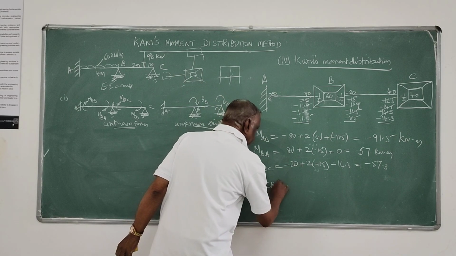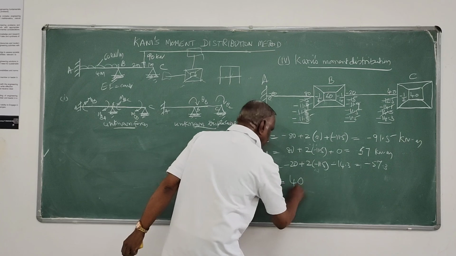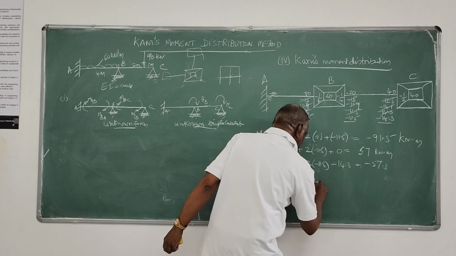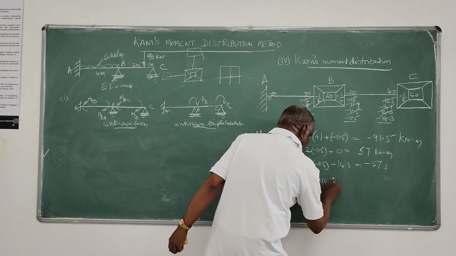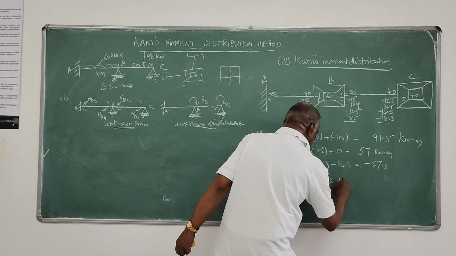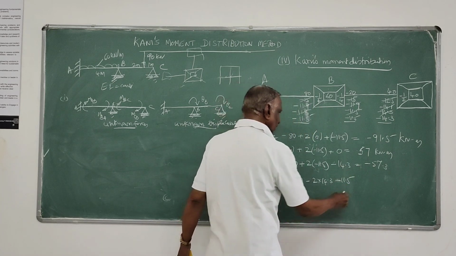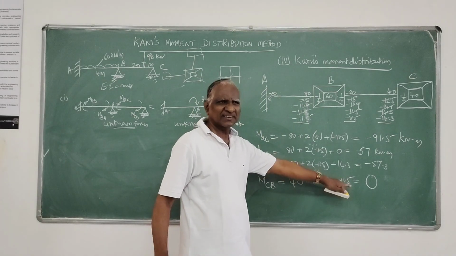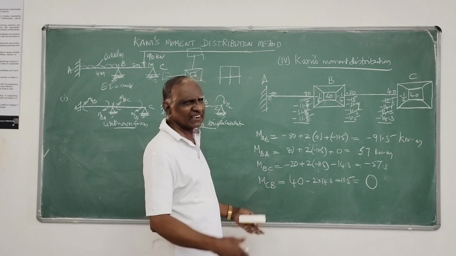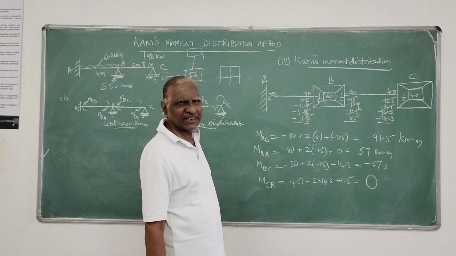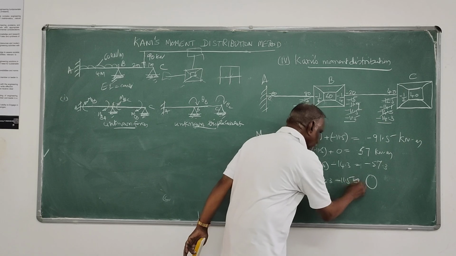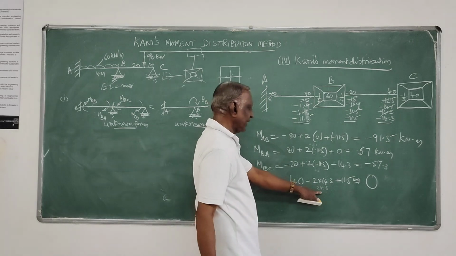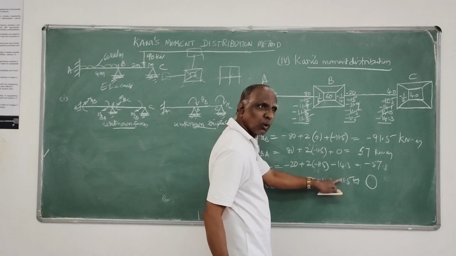Lastly, MCB is fixed end moment 40 at that end, and twice minus 2 into 14.3, then minus 11.5. So just check whether it is 0. Because this is 28.6 and 11.5, that is 40.1 you are getting.